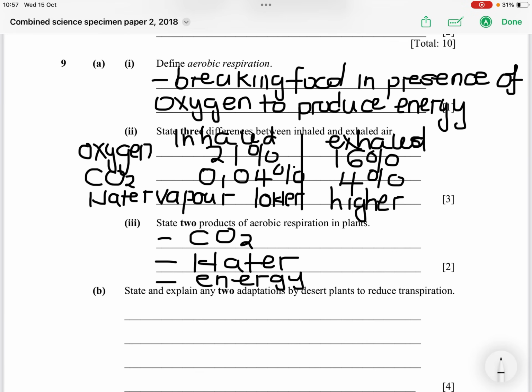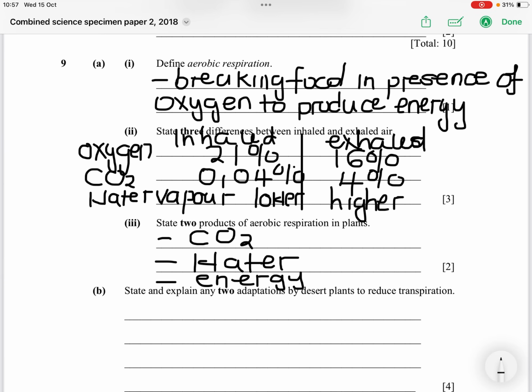So make sure that you can give the products of anaerobic respiration in humans and also in yeast cells, right? And then state and explain two adaptations by desert plants in order to reduce transpiration.